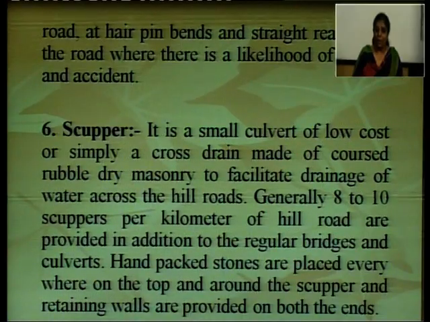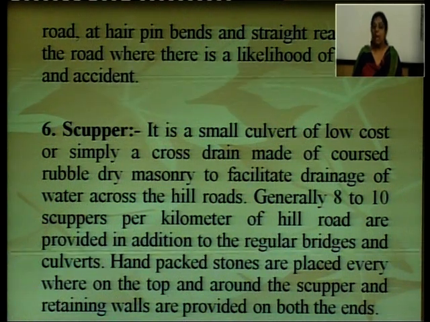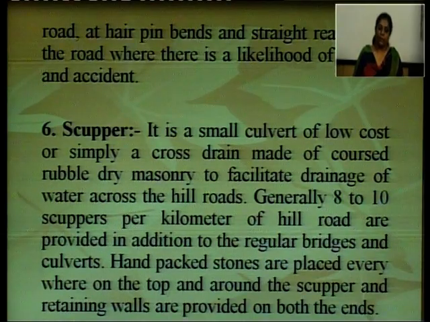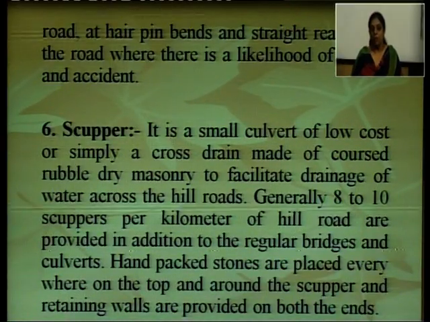I do not know whether they are provided or not, but definitely they are to be provided in addition to the regular bridges and culverts. Hand packed stones are placed everywhere on the top and around the scupper, and retaining walls are provided on both the ends.